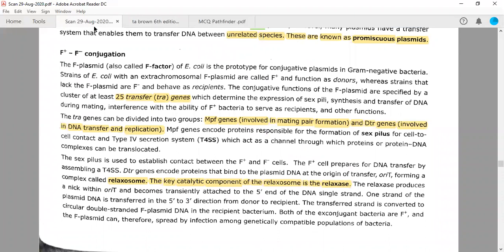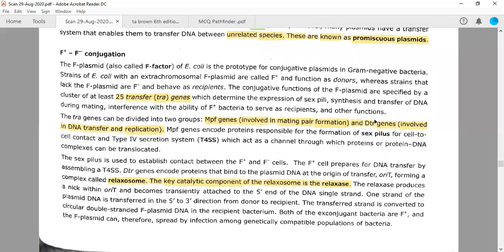So we have discussed the two functions. One is in the conjugal transfer of genes, and the second is in the infection process of M13 bacteriophage, right? Now, how are these tra genes classified? They can be divided into two groups. One is mating pair formation genes, those genes responsible for the formation of this pilus-like tube, these surface appendages, right?